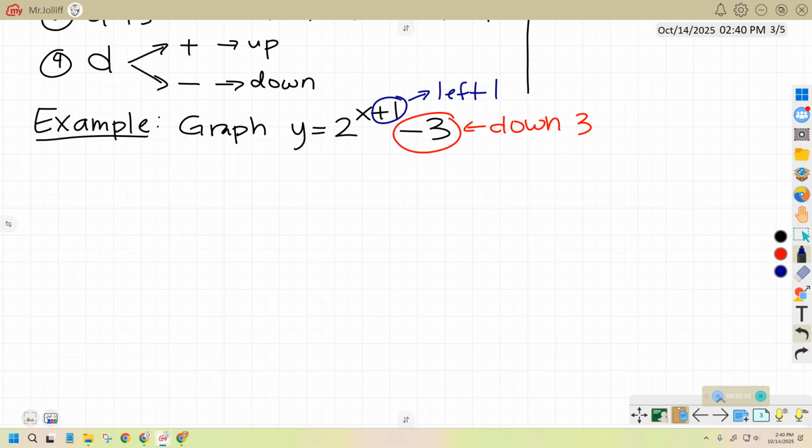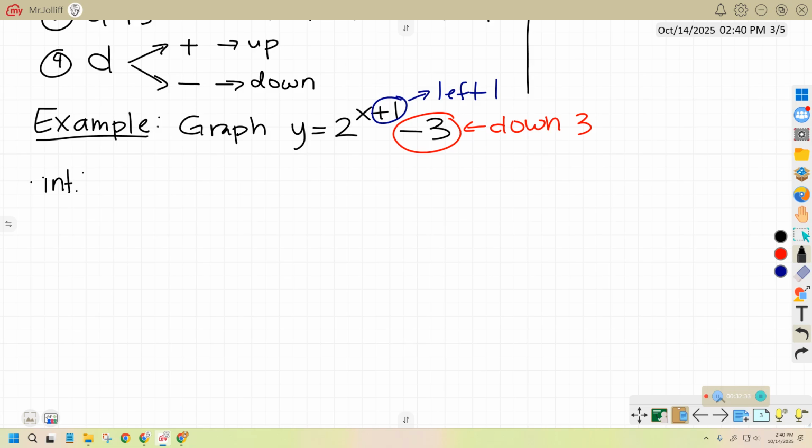We're going to do that operation to our intercept, to our key point, to our asymptote. So the first thing I'm going to do is jot down what those things look like for the parent function, what they look like for the new function.